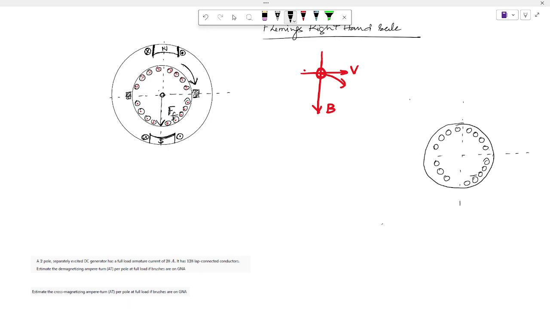These conductors are having cross, these are having dot. So what will be the nature of the magnetic field developed under such a condition? I am saying this is a piece of cylindrical metal in which conductors are embedded like this. Here the current is going into the paper, and in the second half the current is coming out. So what will be the nature of the magnetic field?